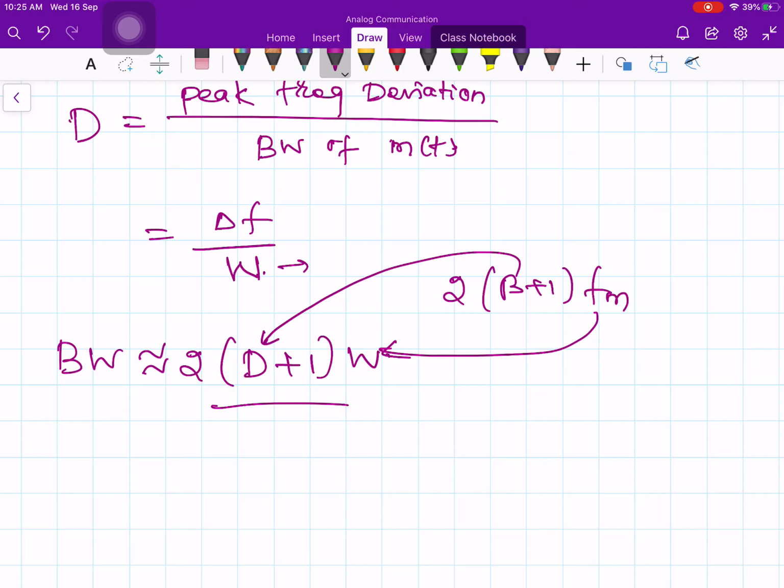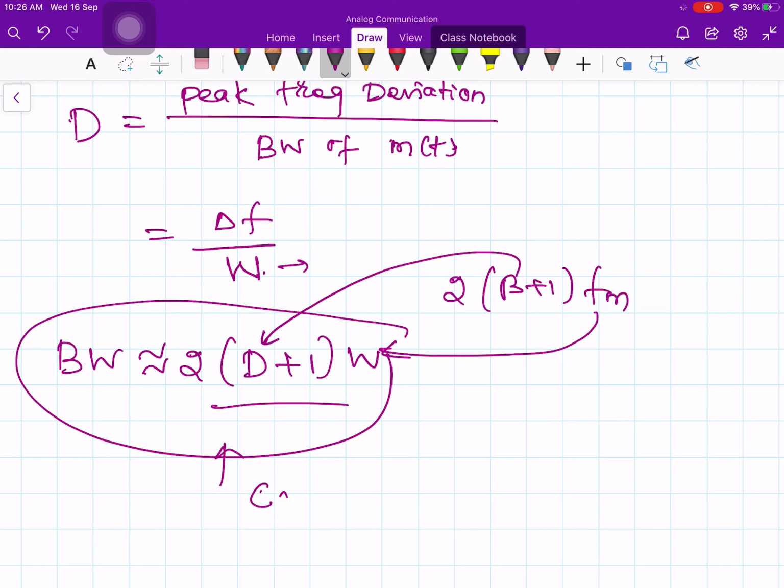This is a generalization to any arbitrary signals. This formula is given by a gentleman called Carson, and therefore this result is known as Carson's formula for the bandwidth of an FM signal.